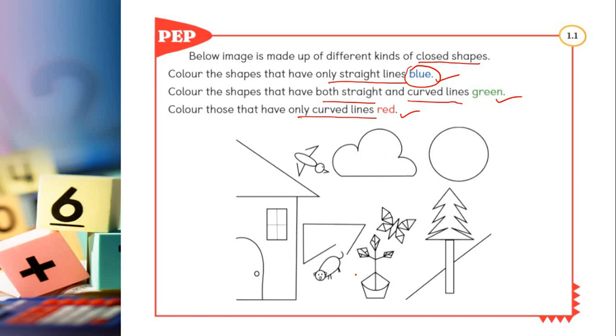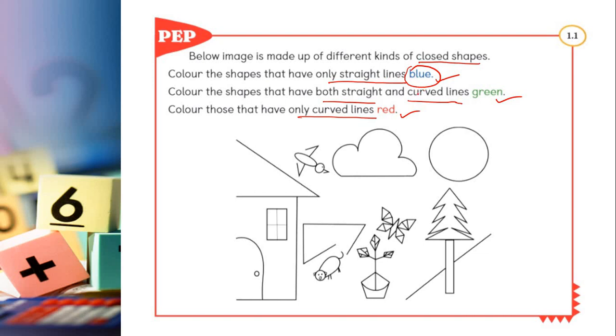Now look at the pictures and tell me, children, which shape do you find with only straight lines? It should be a closed figure. Color the shapes that have only straight lines with blue.